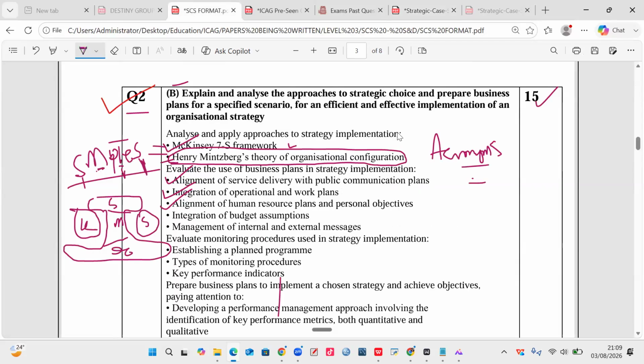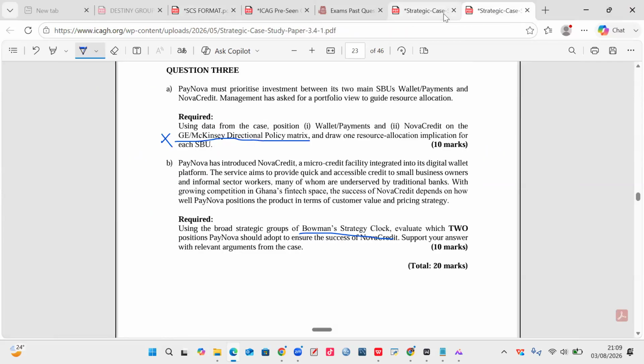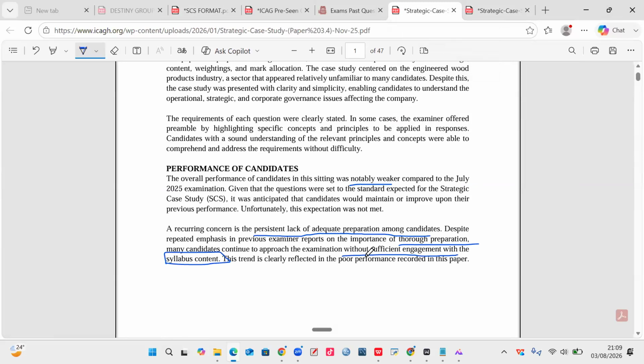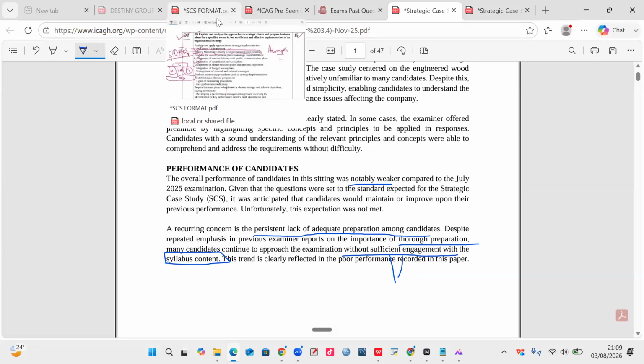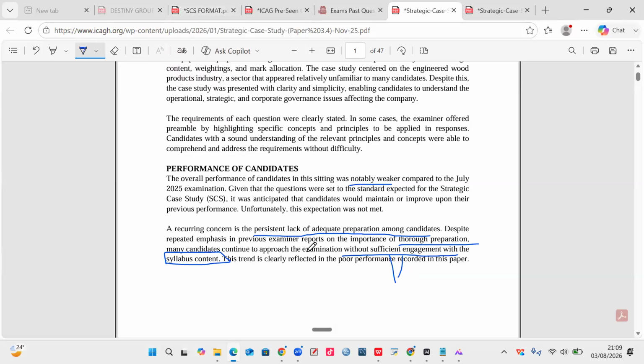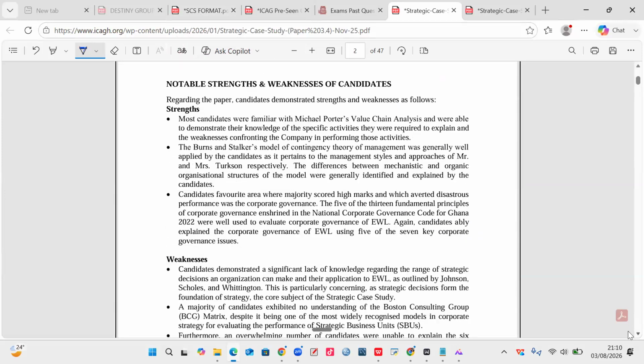They don't use the format. They don't use the syllabus. Because if we use it, we know that this question is coming from here. Then we'll be able to link it well. This trend is clearly reflected in the poor performance recorded in this paper. That's what he said. Let's look at some of the strengths and weaknesses.